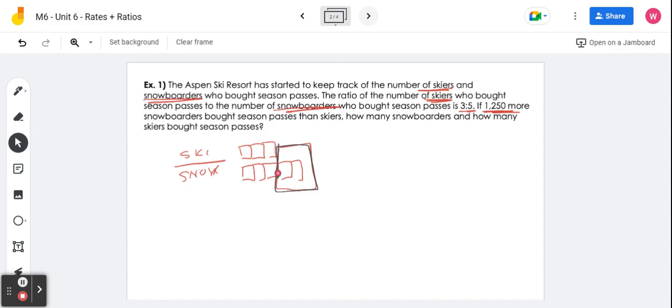And we're told that these 2 pieces of tape are equal to 1,250 snowboarders. If these 2 pieces of tape represent the 1,250 snowboarders, how would we figure out what one piece of tape represents?